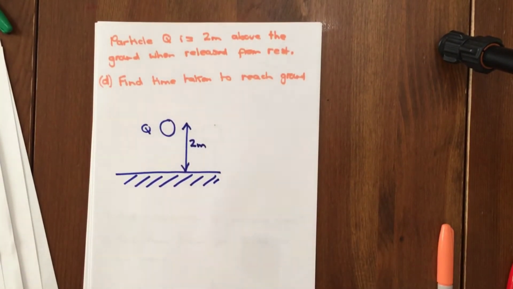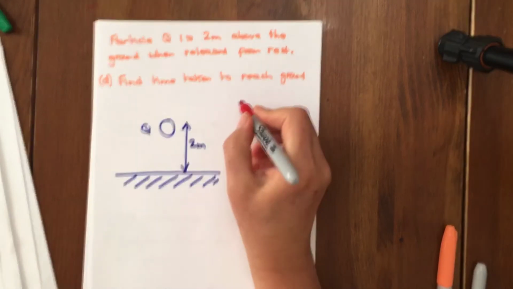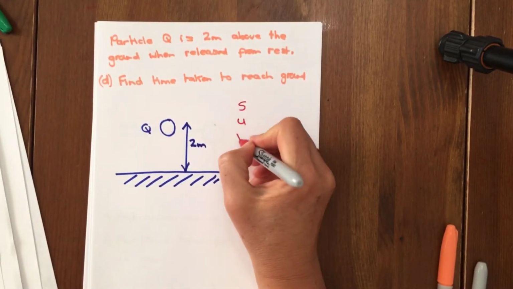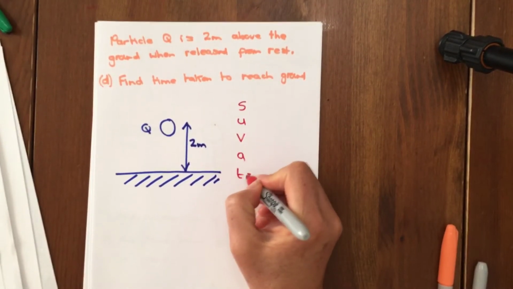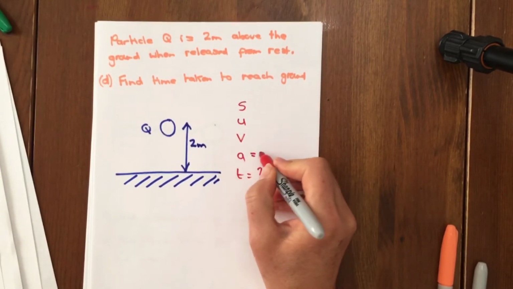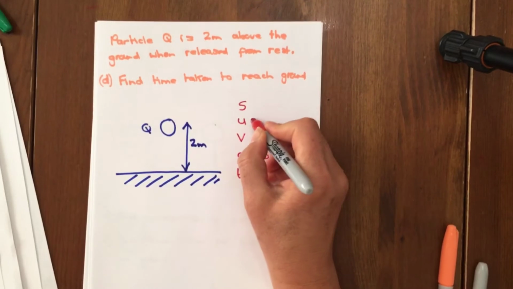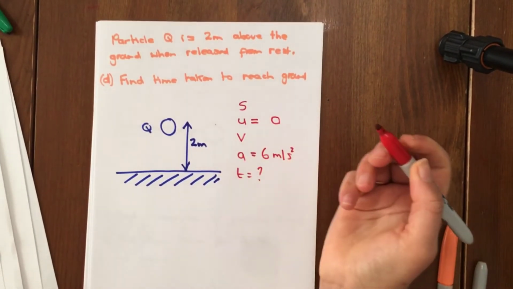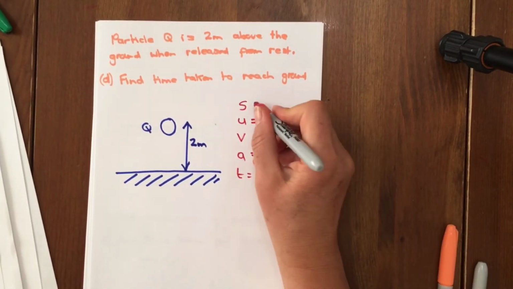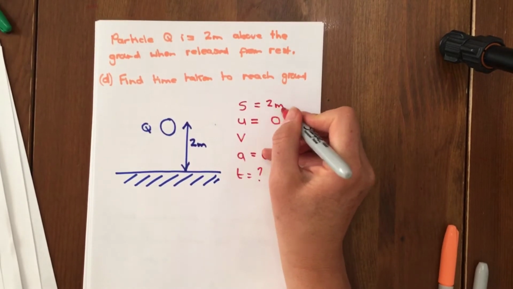Okay, so we're going to use SUVAT for this question, and we're asked to find the time. Now we know the acceleration is 6 meters per second squared. We know it's released from rest. We know the distance is 2 meters.